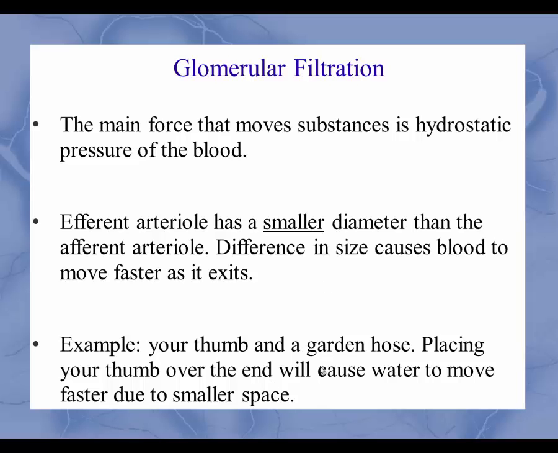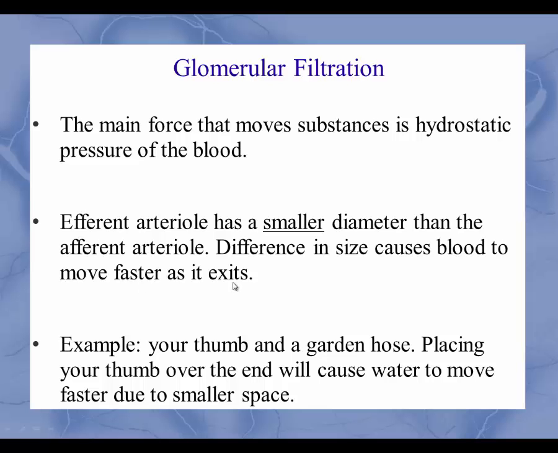A good example of a way to think about this is putting your thumb over a garden hose. You have an amount of fluid going through a much smaller space, so that when you put your thumb over the hose, the water will shoot out faster. So that's what's happening here in each glomerulus, all because of the size difference between the afferent and the efferent.